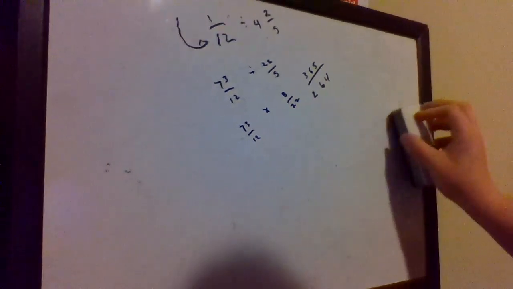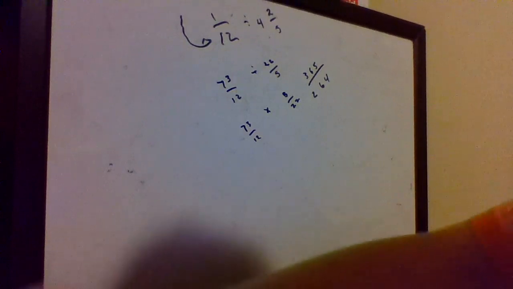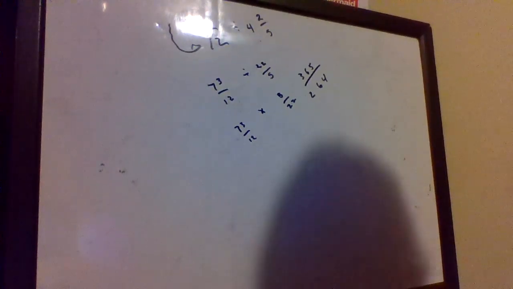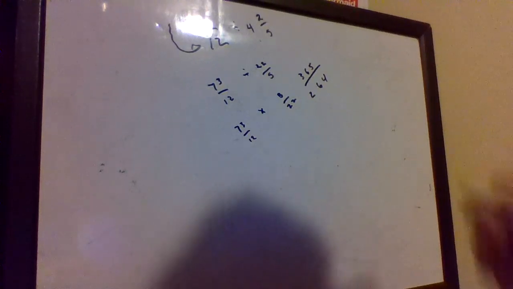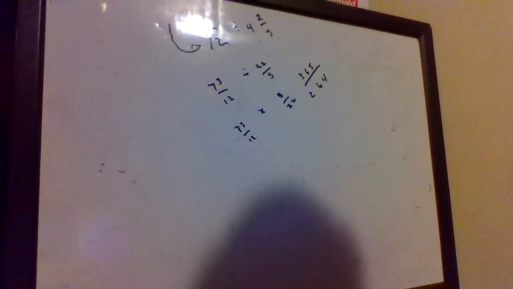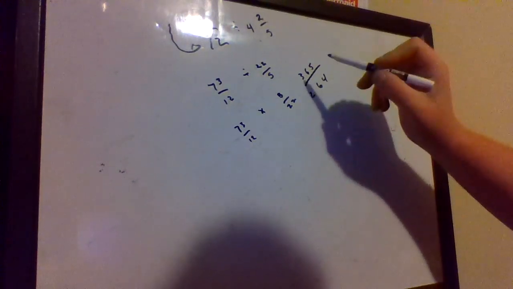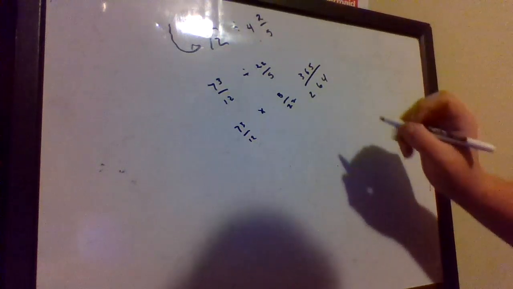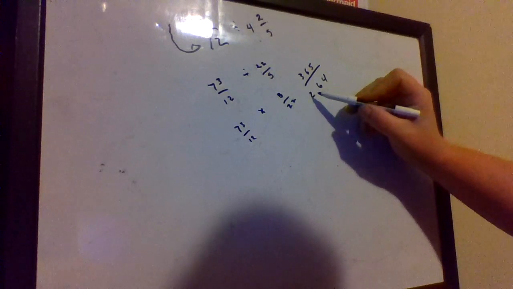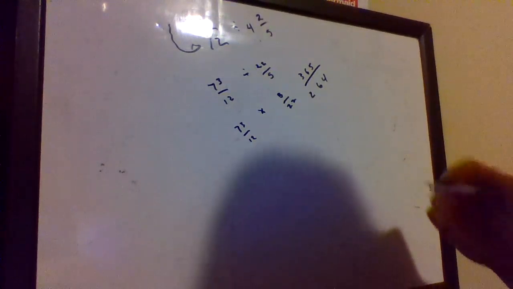Now, I don't know why in the world they would do that problem, because that's not a very good problem. That would be hard for me. But as we can see, I'm going to show you a shortcut. As we can see, 264 will only go into 365 once, because if we do it twice, this 2 is going to be at least a 4, if not a 5, maybe even a 6.